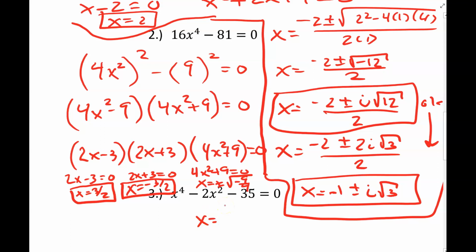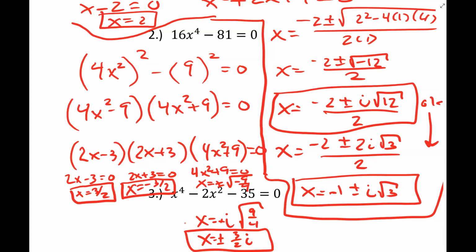How do I square root a negative? I get an i. That'll give me i times the square root of 9 over 4. How do I square root a fraction? Good. So I have plus or minus 3 over 2 i. So that's the 1.5i and the negative 1.5i that I quoted.